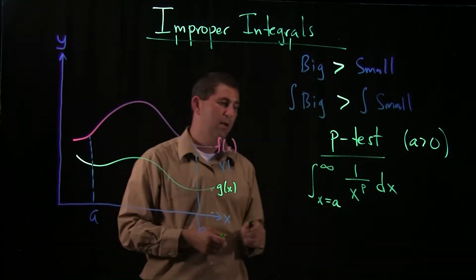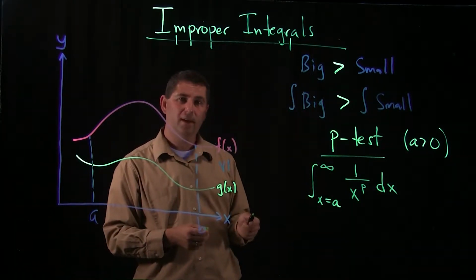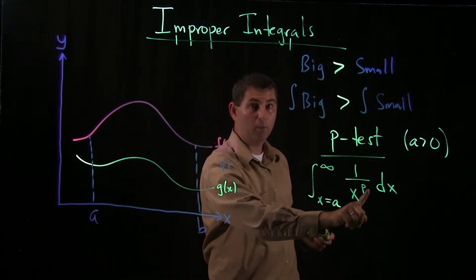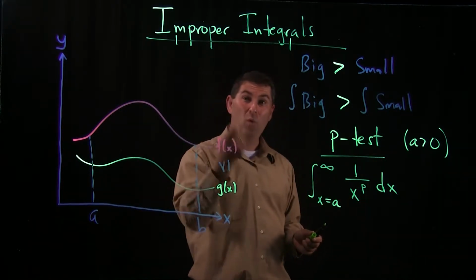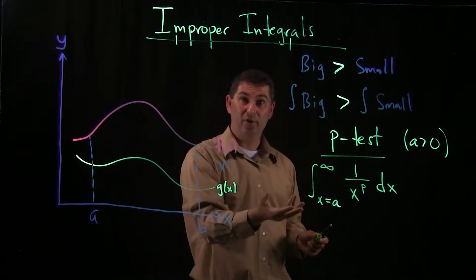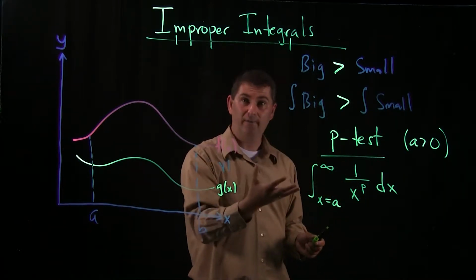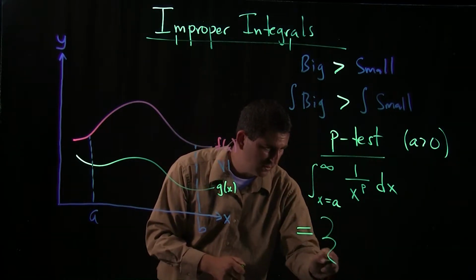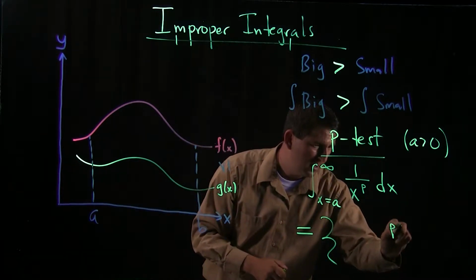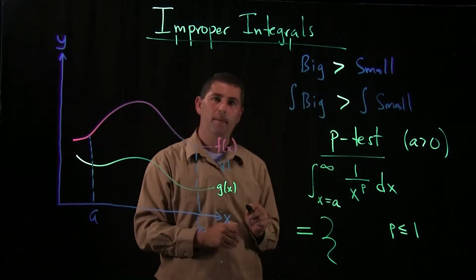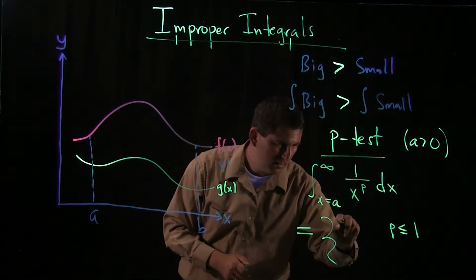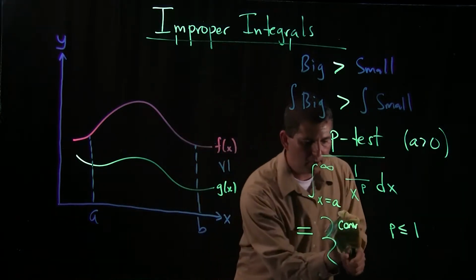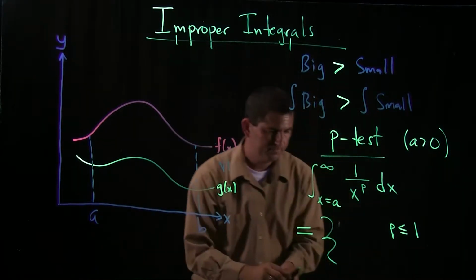If I integrate 1 over x to the p from a to infinity, then, well, we already looked at the case where p is 1 and where p is 2. When p was 1, the integral diverged. When p was 2, the integral converged. And so it turns out that if p is less than or equal to 1, then the integral is going to diverge.